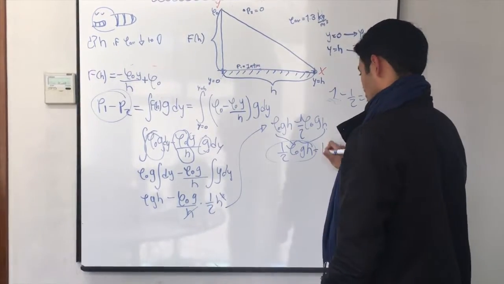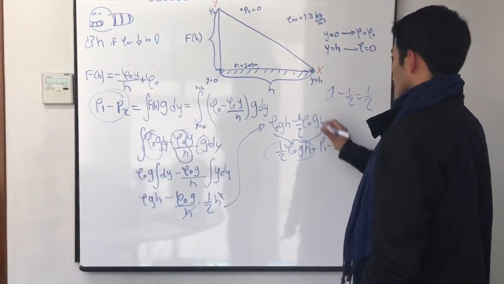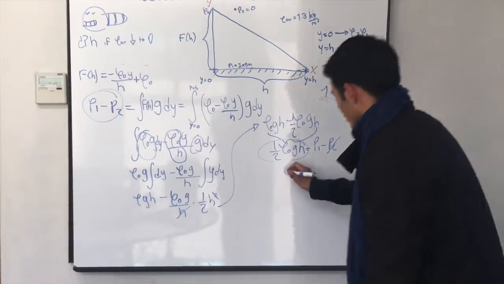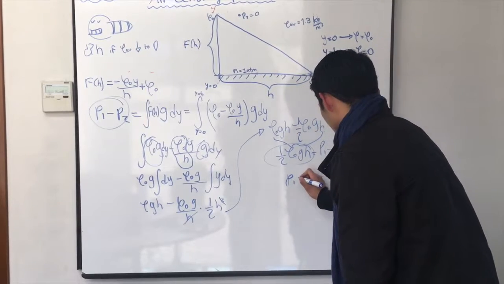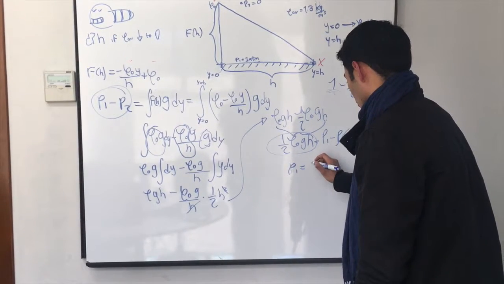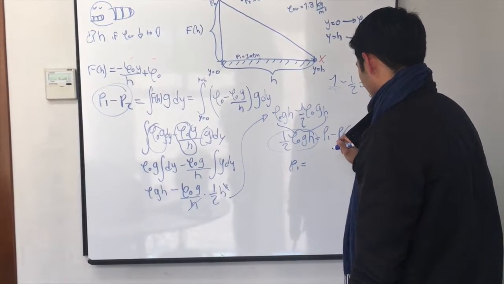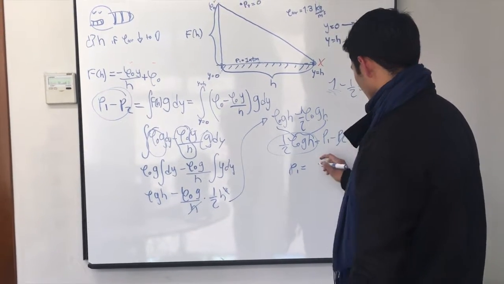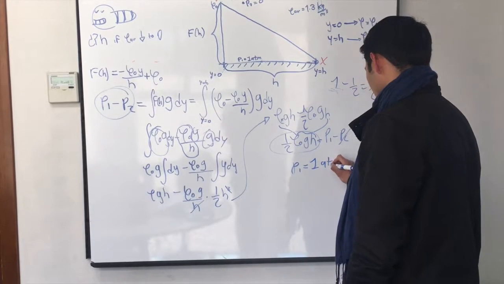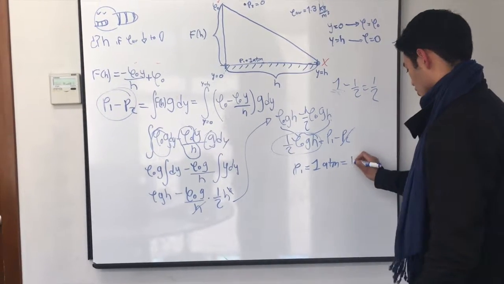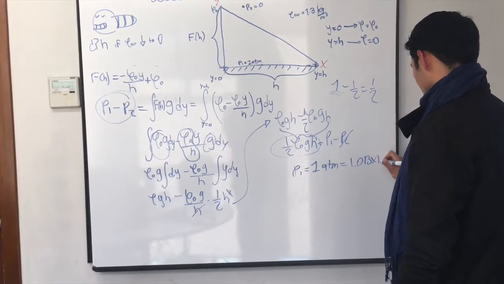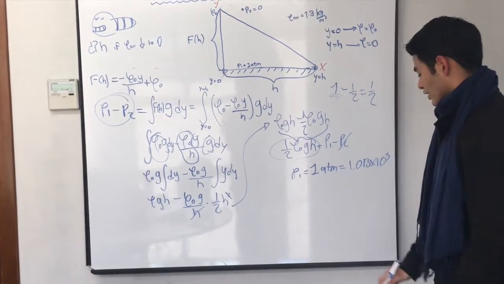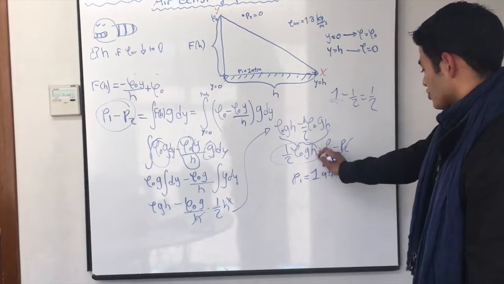So P1 minus P2, but remember that the pressure on point 2 is 0, so this is cancelled. So now we just have that P1 is equal to 1 atmosphere, which is 1.013 times 10 to the 5, and we just solve for h.